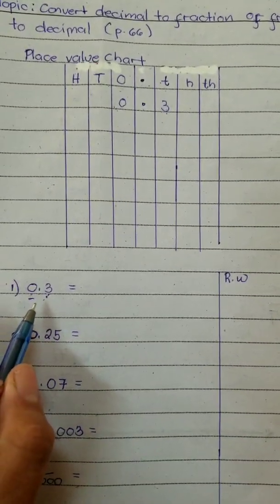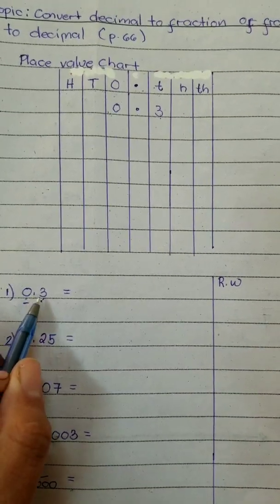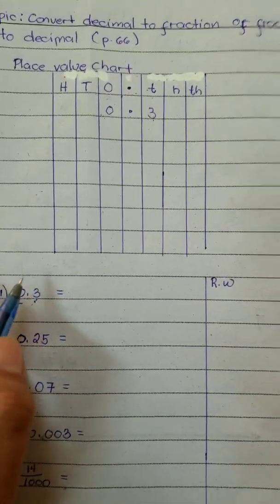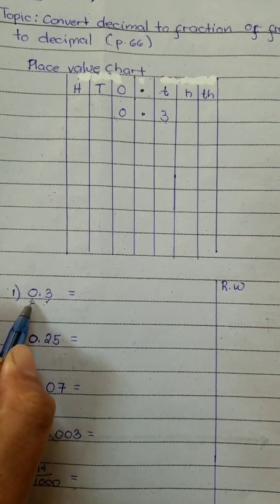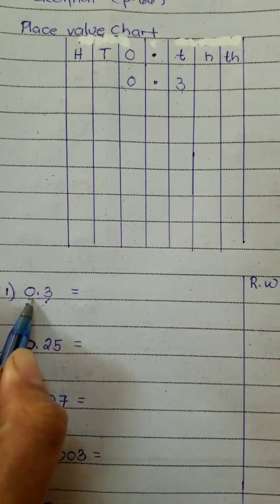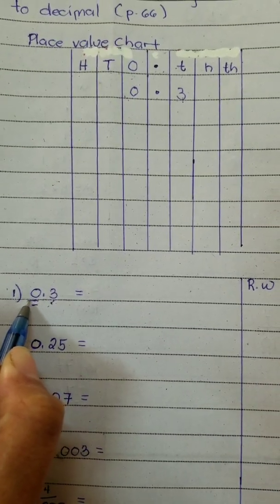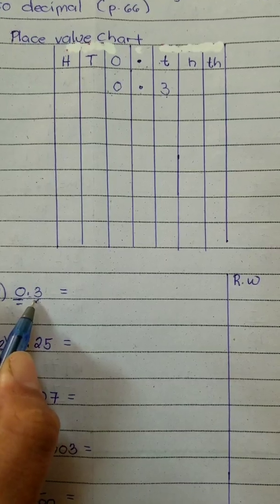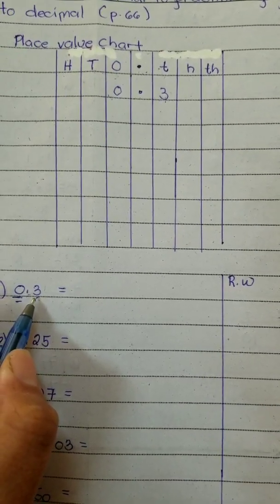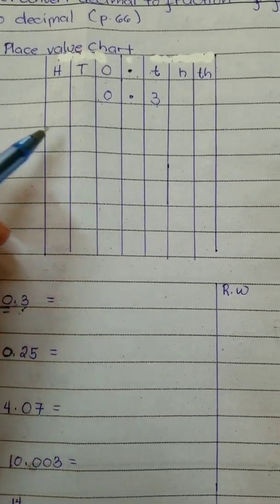Now let's have the first question. For example, I give you 0.3. If you notice, in the whole number, that is 0. In the decimal part, I have here 3. Now let me write that into the place value chart.